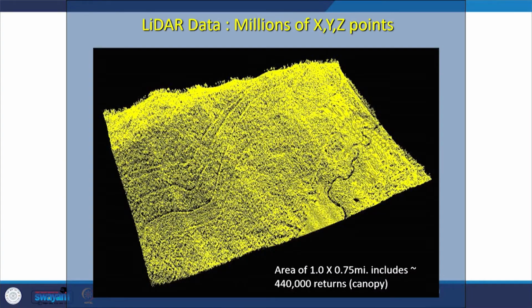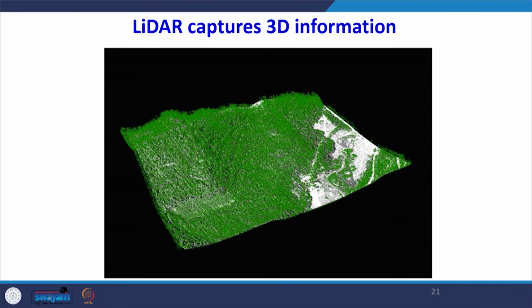So this is a very useful tool, and this example shows a piece of land for which the lidar data has been collected, and what you see in the area are millions of points. These are the tree canopies where the data was collected using the airborne lidar survey, and green is the tree biomass in the area.